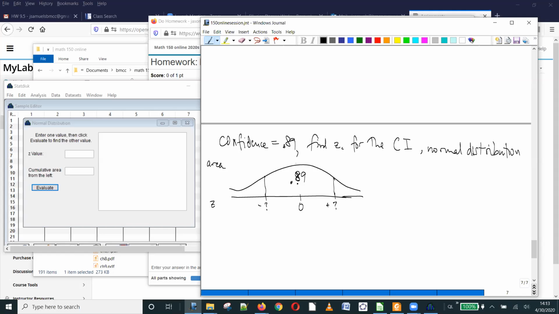What do we know about the total area? It has to equal 1. The total area always equals 1. So that's the first thing. The second thing is, look at those two tails. If you compare those two tails, what can you say about those two tails in terms of their area?